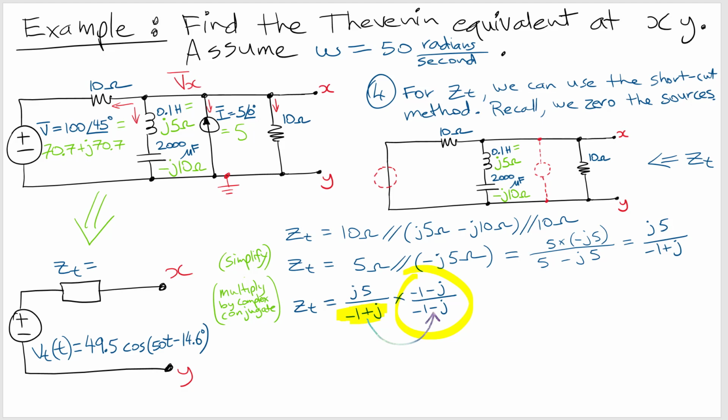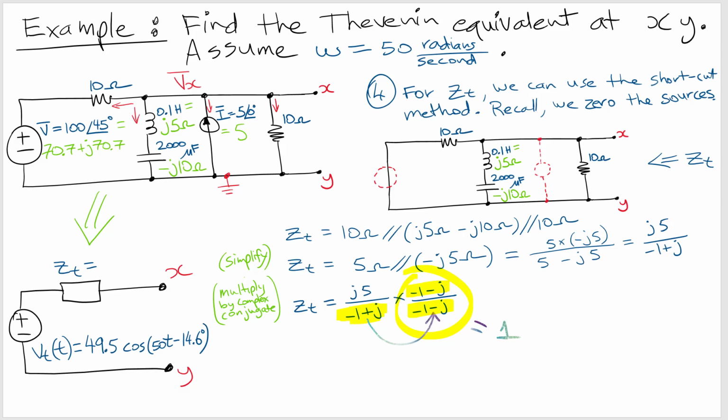So this was a plus j on the left-hand side, and a minus j on the right-hand side. And now top and bottom have to be the same, because we are multiplying by 1. So we're not changing the original number, but we're getting rid of the imaginary number in the denominator.